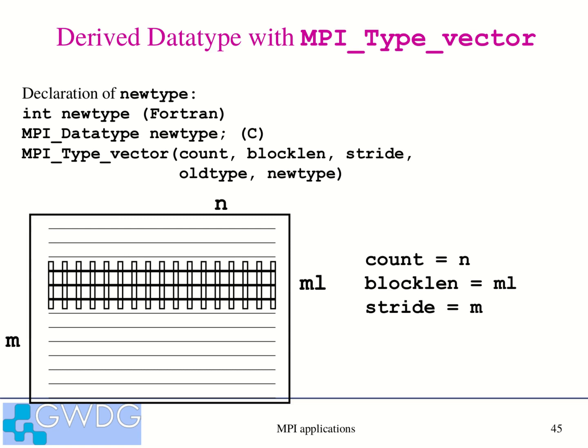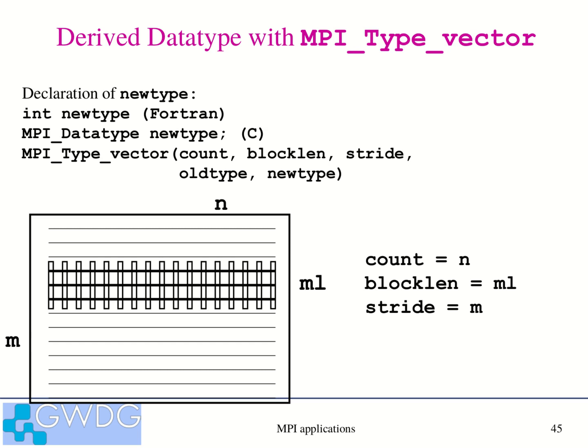You define a type consisting of n pieces. Each piece has the block length of the size of this column, and you give the stride these pieces are apart in memory, which is just the first dimension of this matrix.